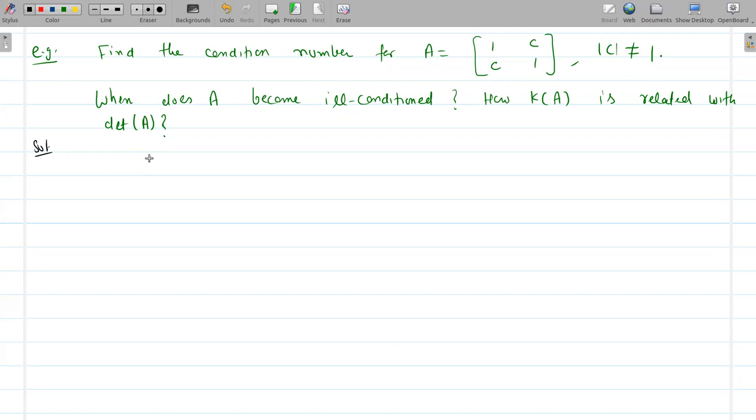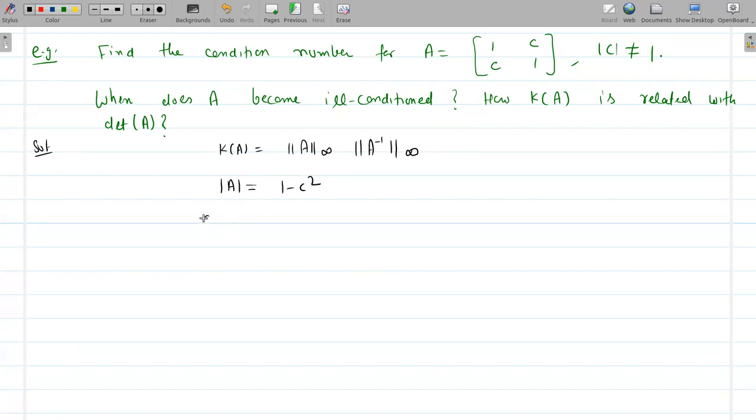Firstly, try to compute the condition number, that is norm of A, let us take the maximum row sum, multiplied by norm of A inverse. Firstly I am finding the determinant of A, which will be 1 minus c square.